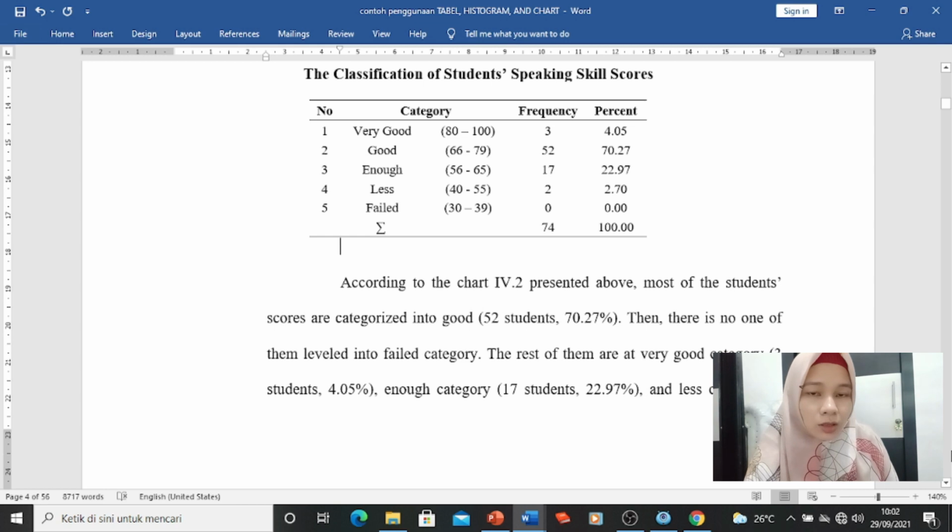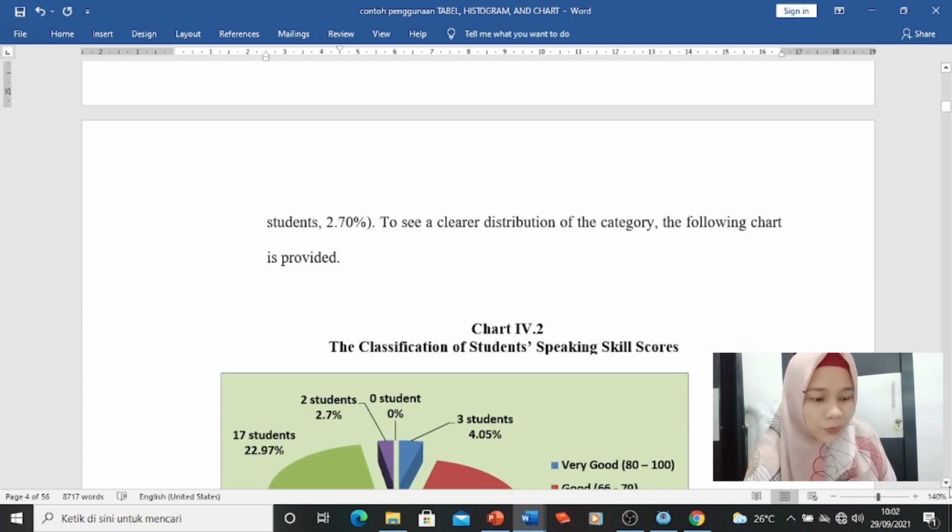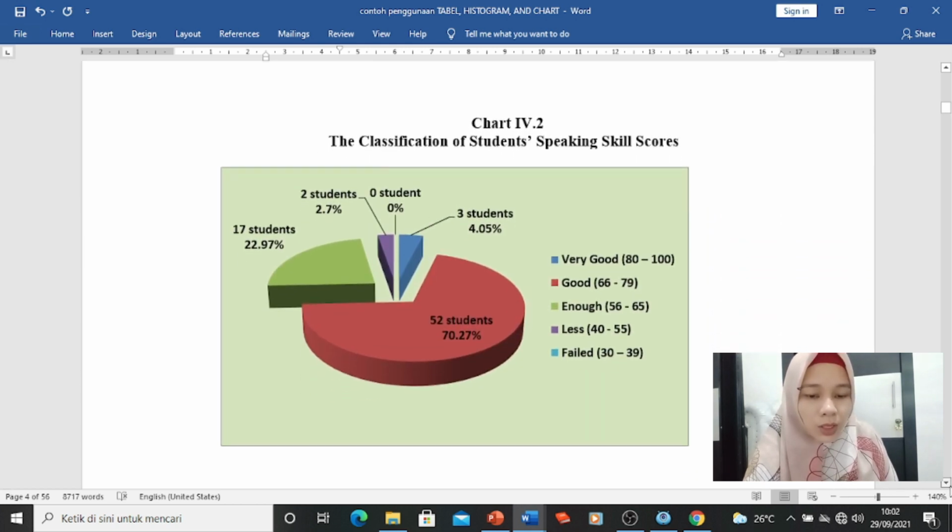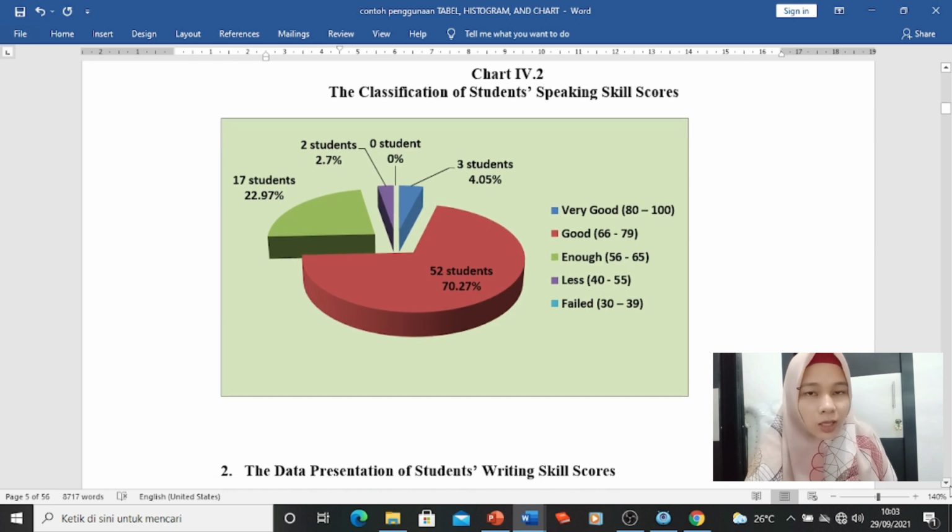We can actually make our listeners or our readers understand this classification of student speaking skills scores more easily by having this kind of chart, this pie chart. Look at this.